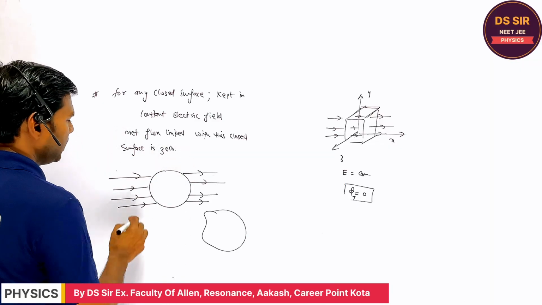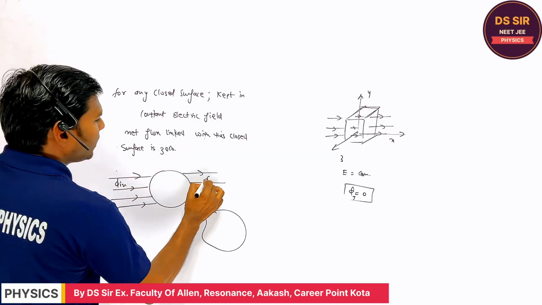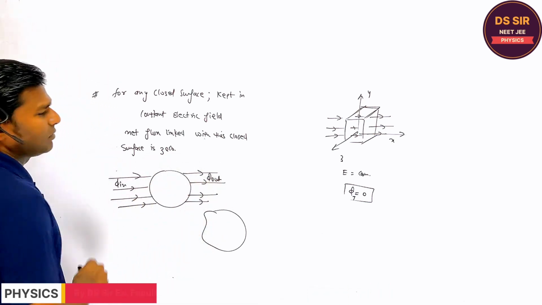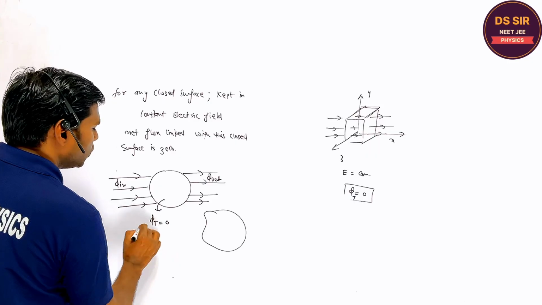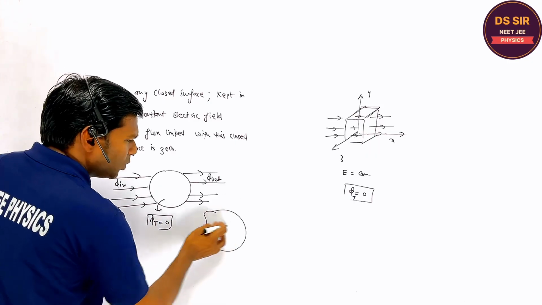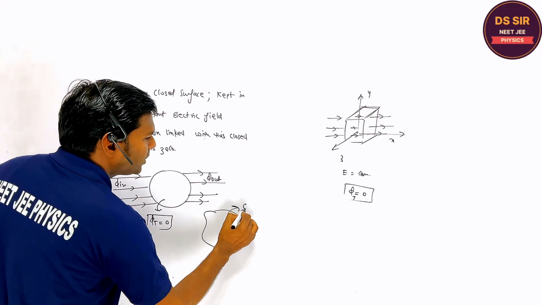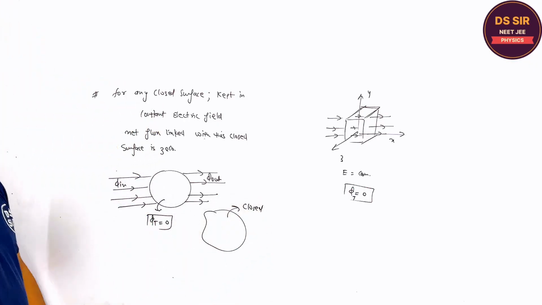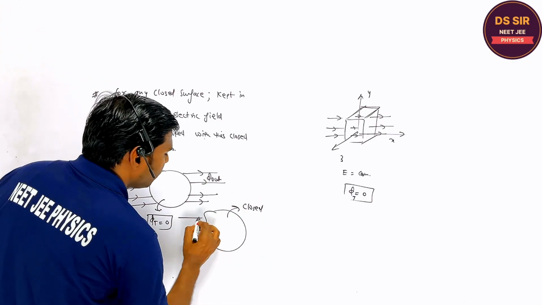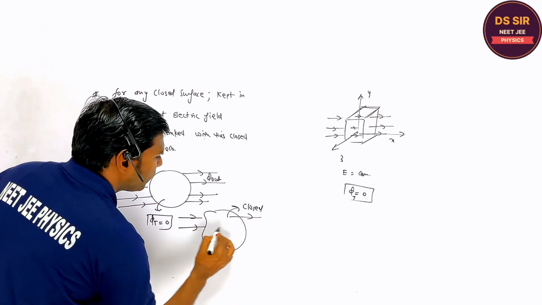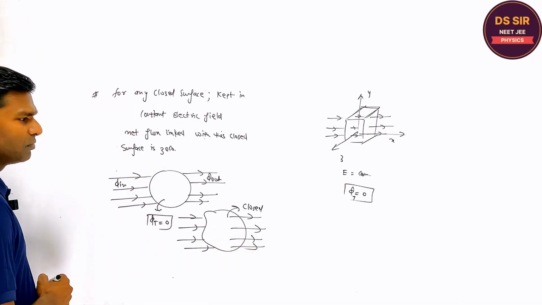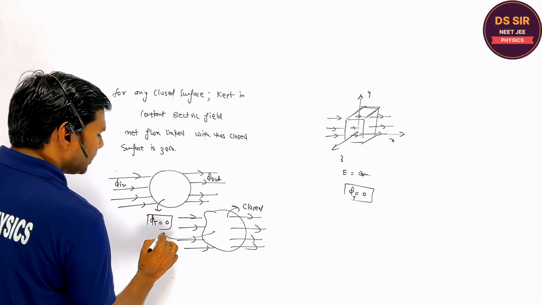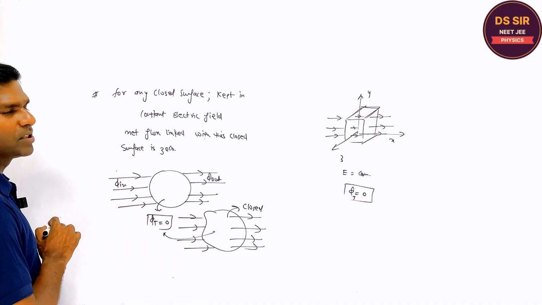For any closed surface, the flux in and the flux out are equal in magnitude. So what is the net flux linked with this closed surface? You will say it is 0. In the same way, suppose this is a random closed surface, it must be closed, right? If it is closed, the flux that is entering is the same flux coming out from this closed surface. Is it clear or not? So therefore the net flux linked with this closed surface is 0.